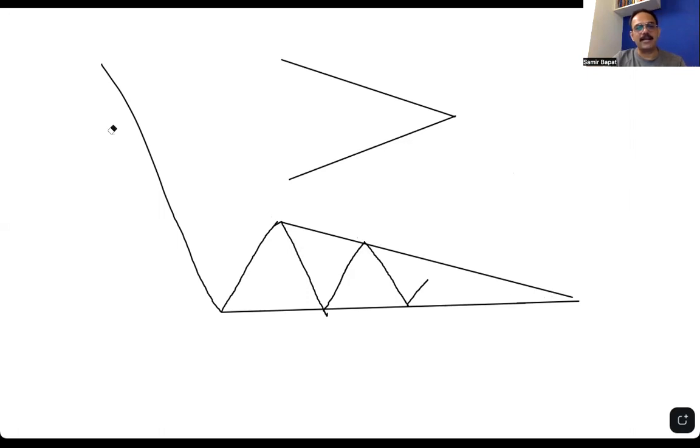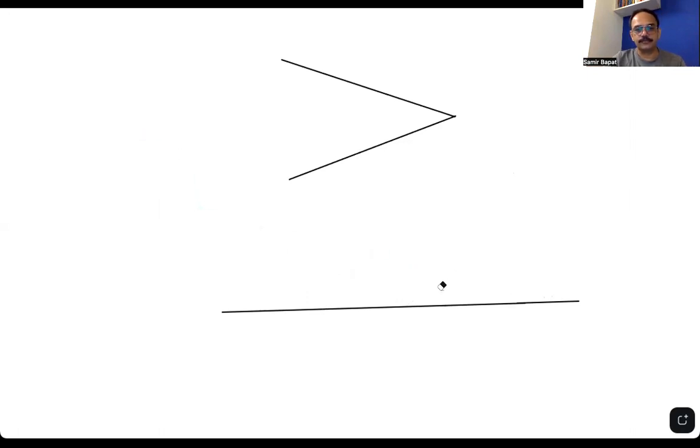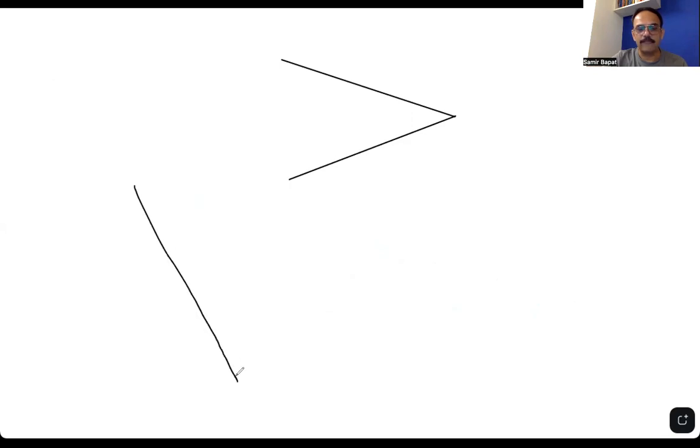Third type of triangle is when, let's say, the price is going down, it forms a bottom, goes up, forms a top, comes down. Now this bottom is not at the same level as the previous bottom. It starts going up, forms a high at the same level, goes down and starts going up.